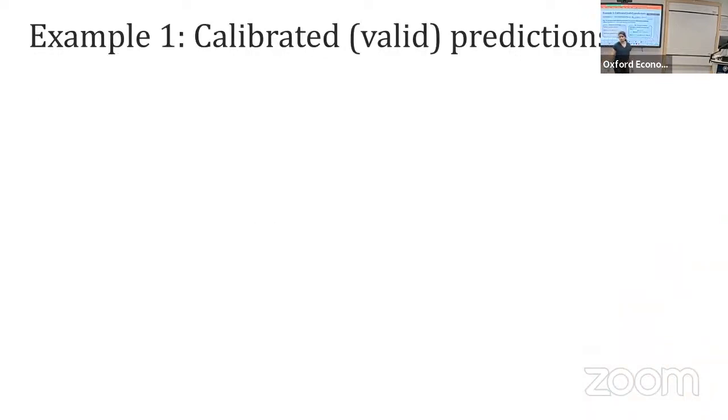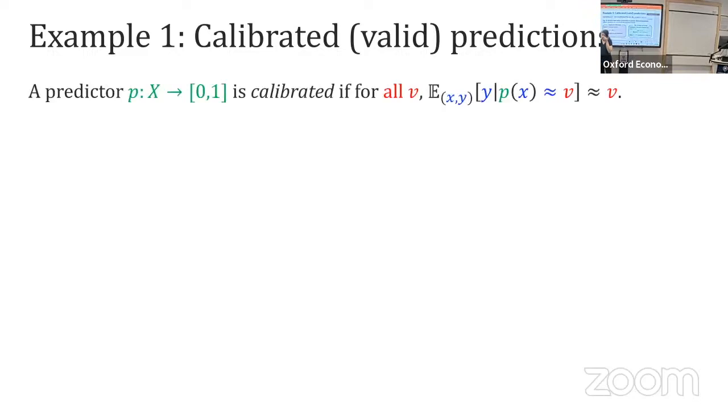Actually, let me start with three examples, and these three examples to some degree will highlight some of the differences. The first example is about calibrated or valid predictions. And calibration, I know, actually means different things to different people. So let me start by saying what calibration typically might mean. A predictor P is a function that takes your features and spits out some value.